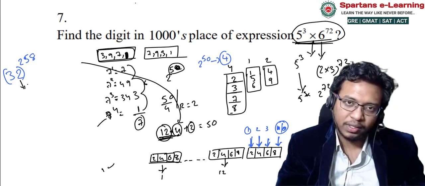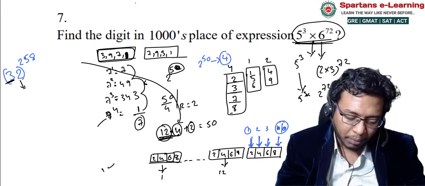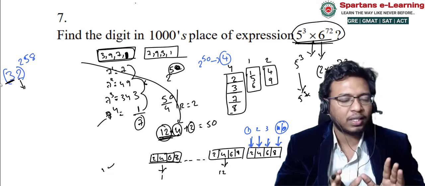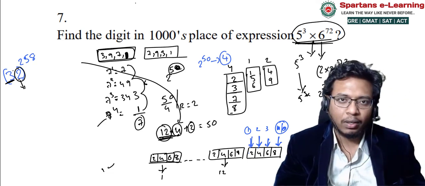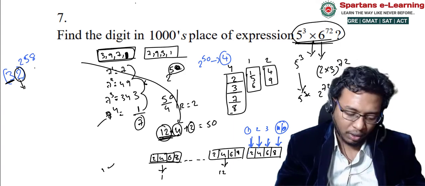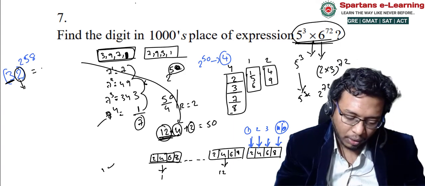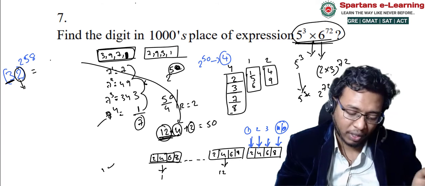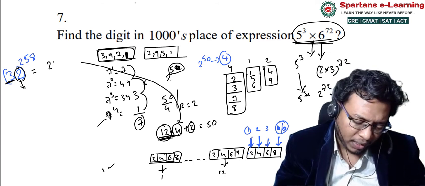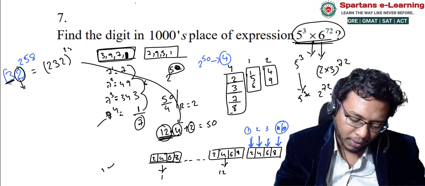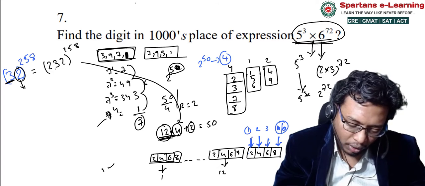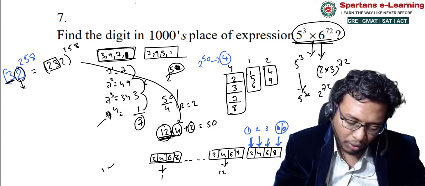To find the units digit, you need not consider all the numbers prior to the last number, okay? Just take the units number only in this number. So pick up 2 only, okay? This number is not required. So units digit of 32 power 258 will be equal to, I can write any number, 332 power 258. Because as I told you, you need not consider all the numbers before the units digit.